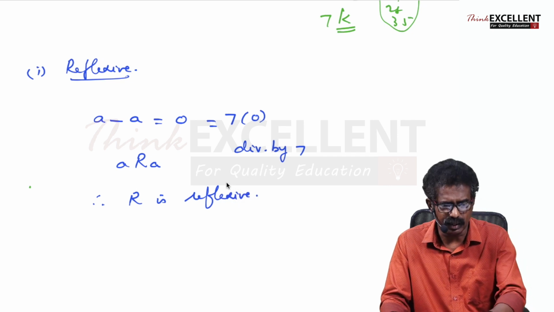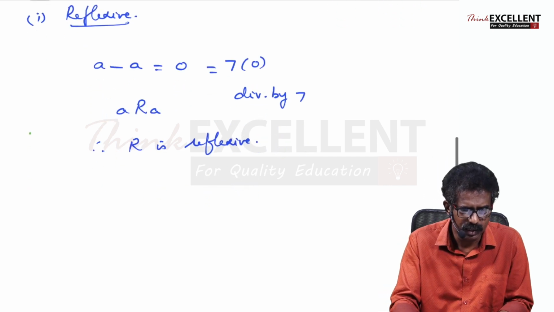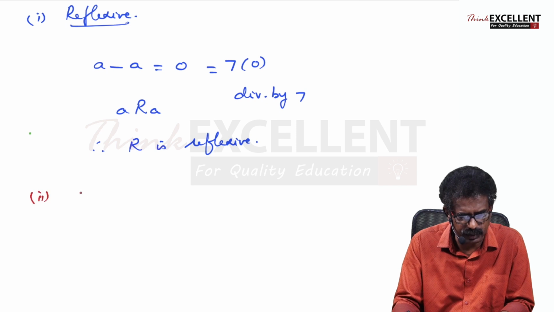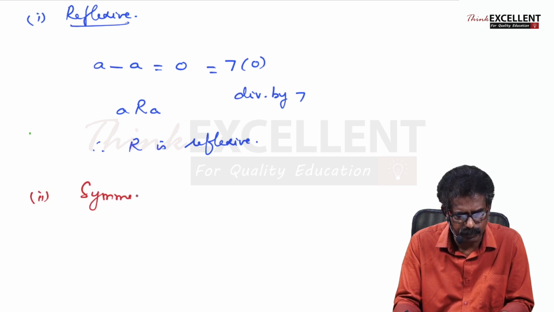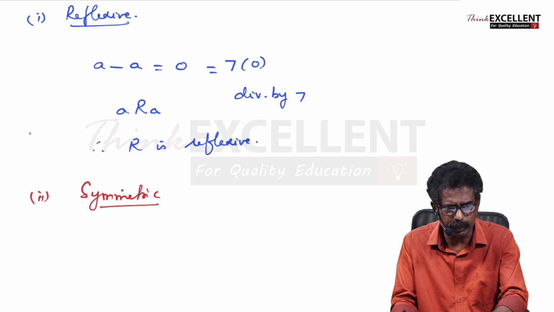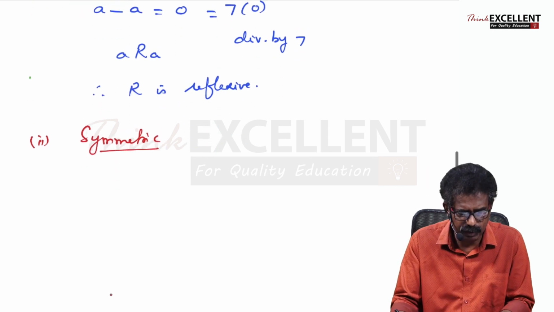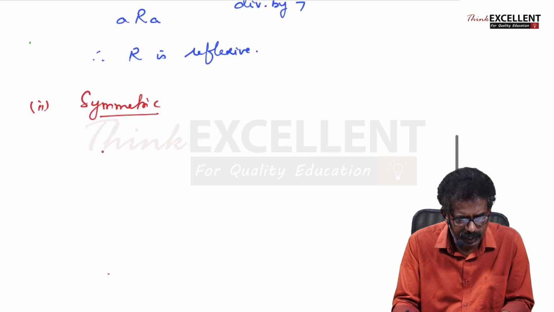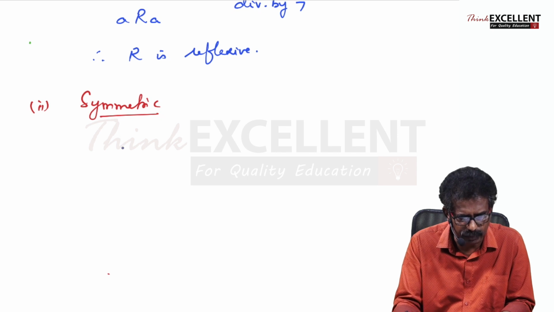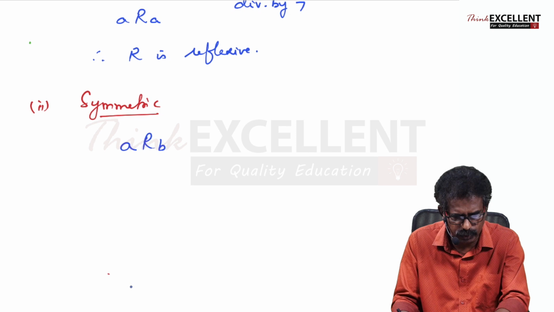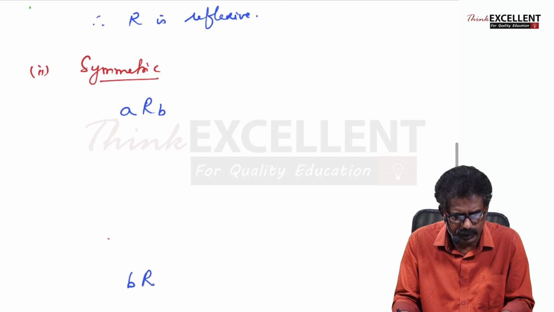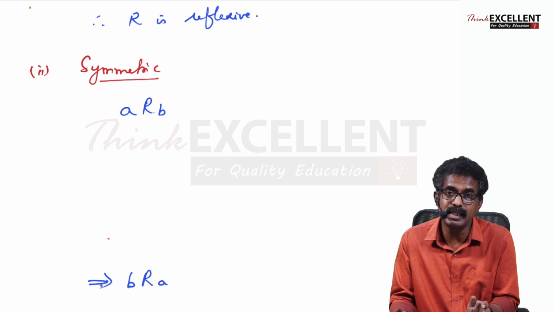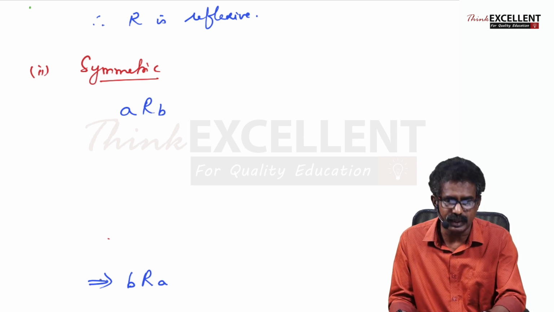This relation is reflexive. Next you check symmetric. Please listen very carefully, I'll tell you the important step. What is symmetric? A related to B is given, and you have to prove B related to A. Then you can say A related to B implies B related to A, so it is symmetric.